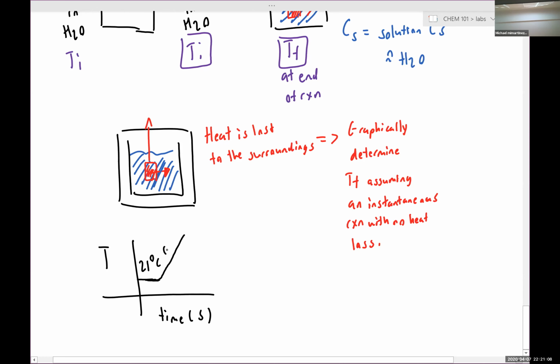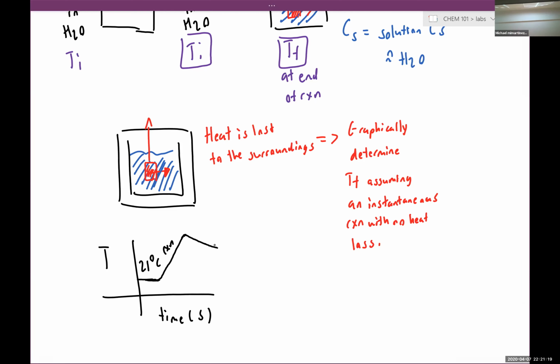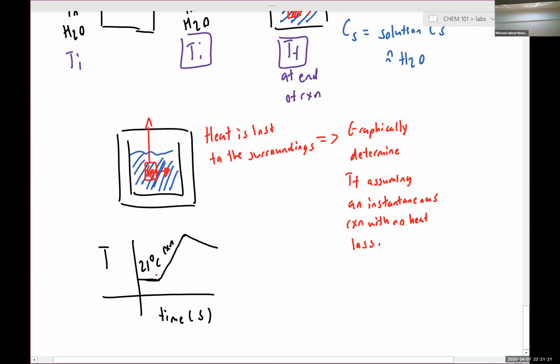So this is during the reaction. And then over time, eventually our temperature will peak and then slowly decline. The key time point that you want to note is the time when you begin to mix your sample. We're going to call this T mix, which is T equals 0.